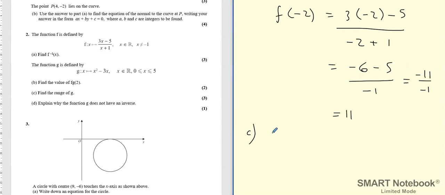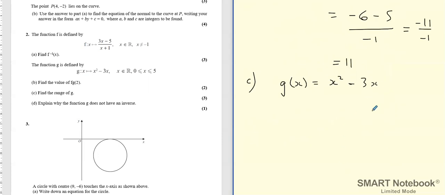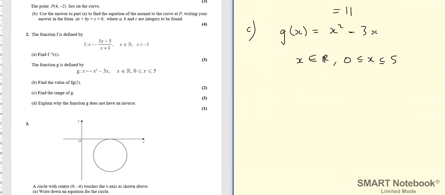Now, next part, we've been asked to work out the range of g. I'm going to write g of x equals x squared minus 3x. We have been given a domain, and the domain is x can be any real value as long as x lies between 0 and 5 inclusive. To work out the range, it's generally a good idea to sketch the function.